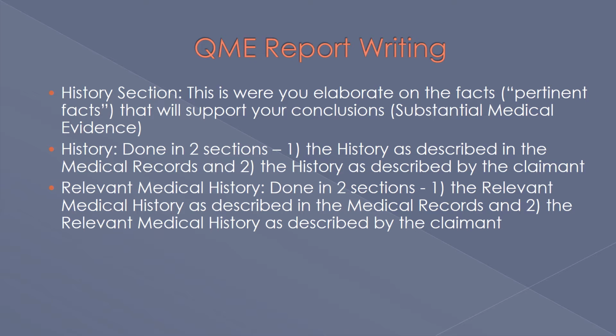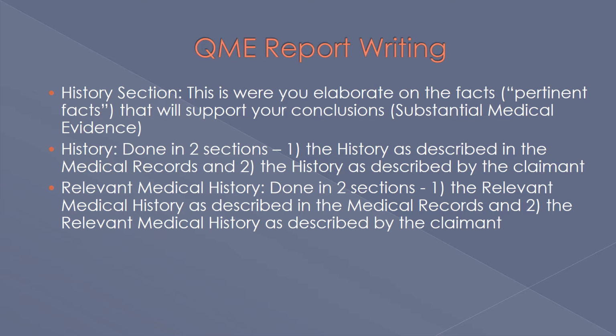Now, as we said earlier, the history and the relevant medical history sections of your report are done in 2 sections. And I described earlier in this program important reasons as to why these sections need to be done in 2 separate and distinct sections. You need to do the history and the relevant medical history, number 1, as it's described in the medical records, and then number 2, as it's described by the examinee.